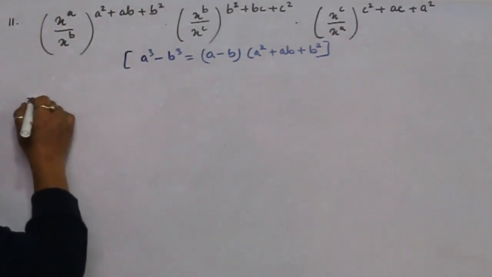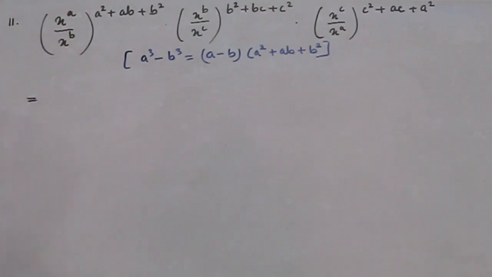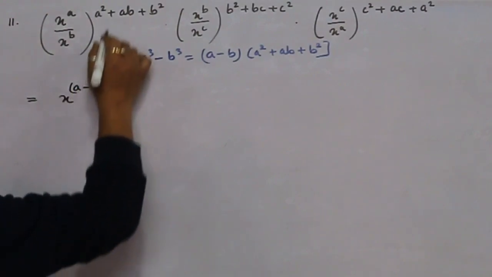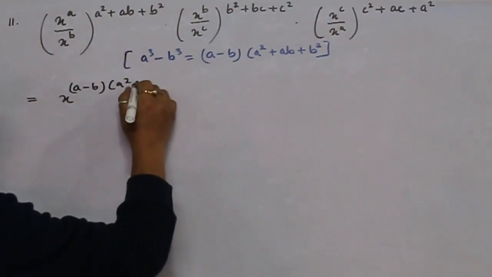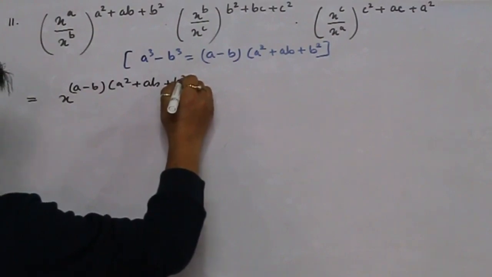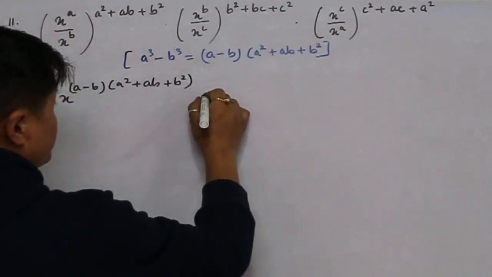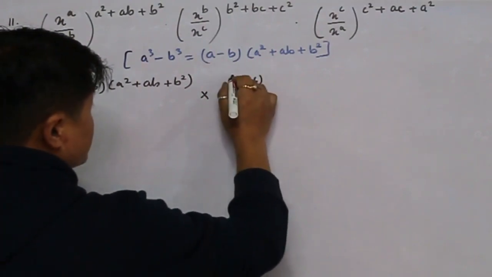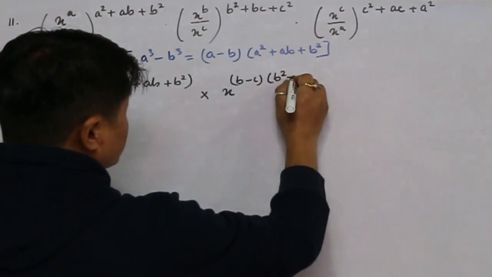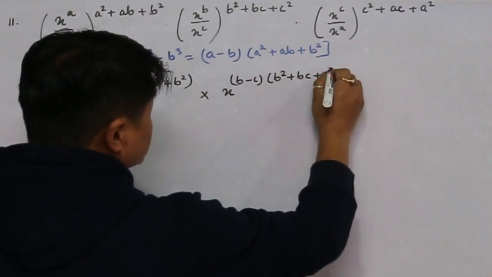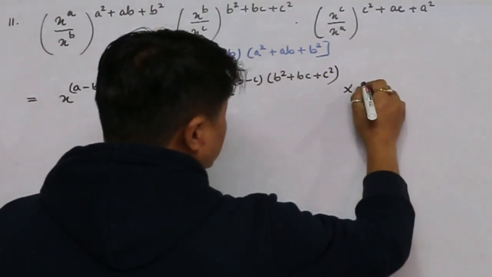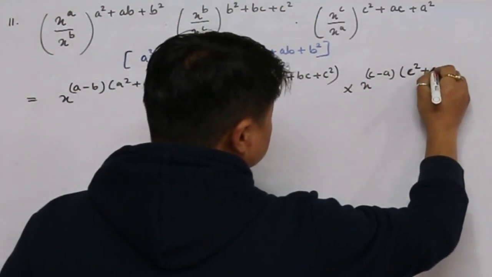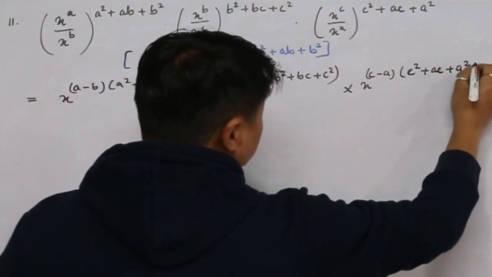So here, this is equal to, when the like terms are divided, powers are subtracted. x to the power a minus b into a square plus ab plus b square, into, I'm writing the into sign, x to the power b minus c whole to the power b square plus bc plus c square, into x to the power c minus a into c square plus ac plus a square.